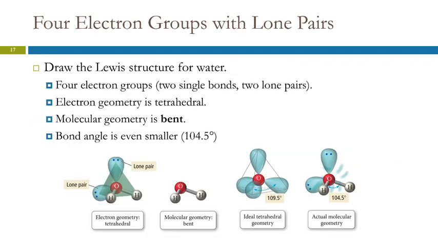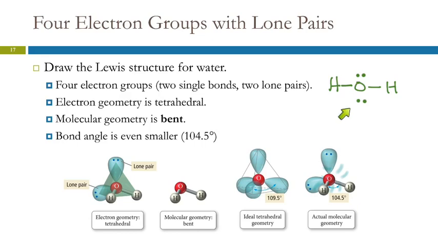Let's look at water. We've done the Lewis structure for water before. Just looking at the elements, it's 2 hydrogens and an oxygen, you might think, well, that's going to be linear.